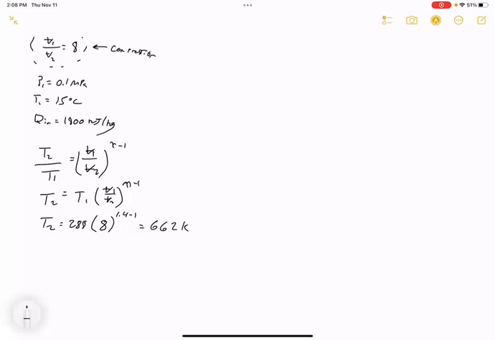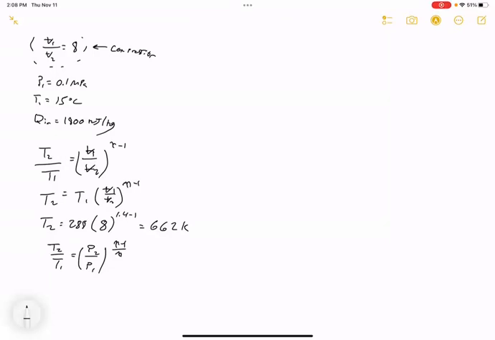So we still want to find the pressure at state 2. And good news, we have another relation we can use for that. Let's look at the second isentropic relation, which is T2 over T1 equals P2 over P1 to the power of gamma minus 1 over gamma. We just found T2. We are given T1. We know P1 from the question.